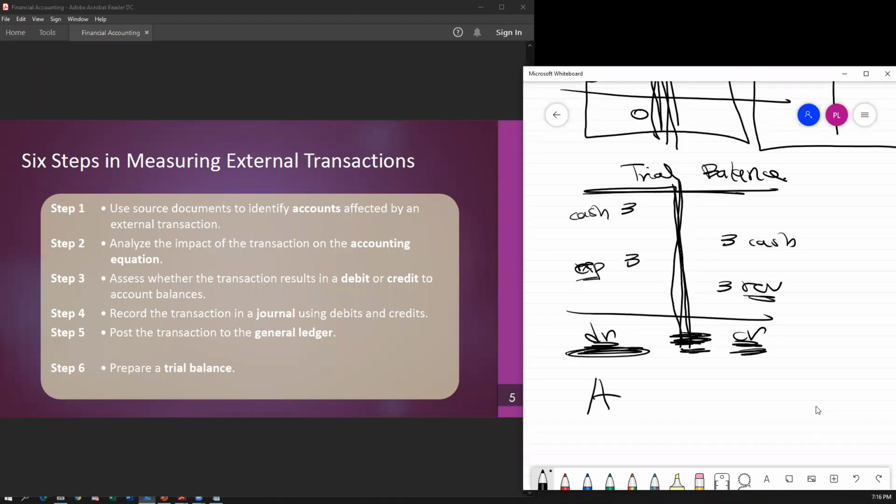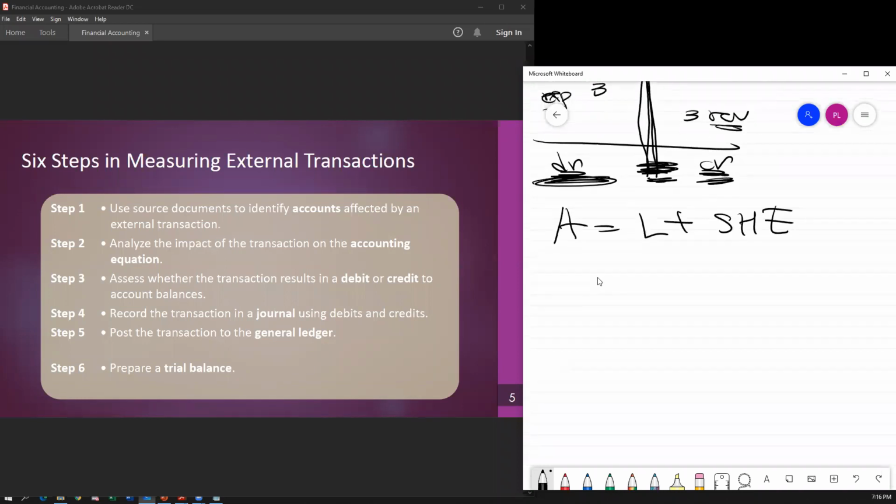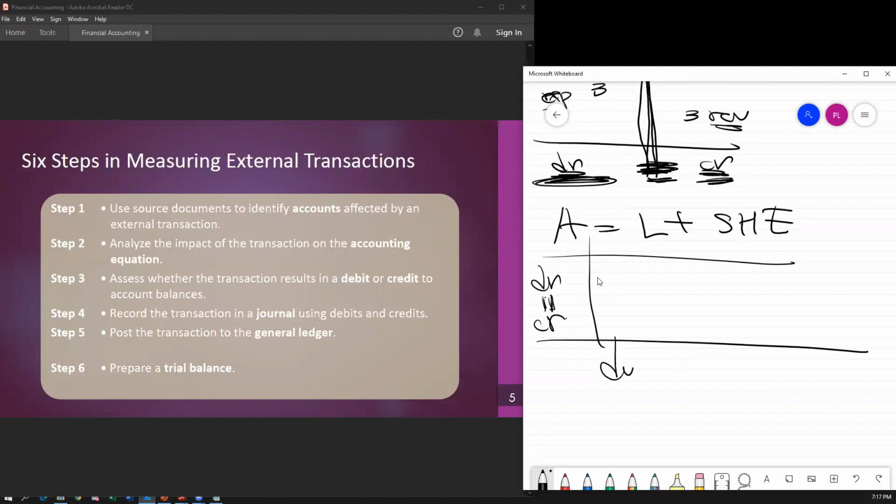So again, going back to the original accounting equation, whenever you prepare journal entries, these equations should hold all the time. Also, we have debits and credits. The sum of all the debits should equal the sum of all the credits. Now, this is called a dual effect.